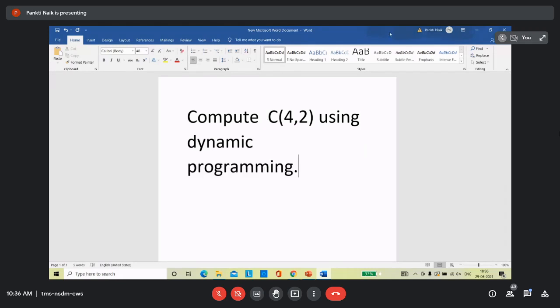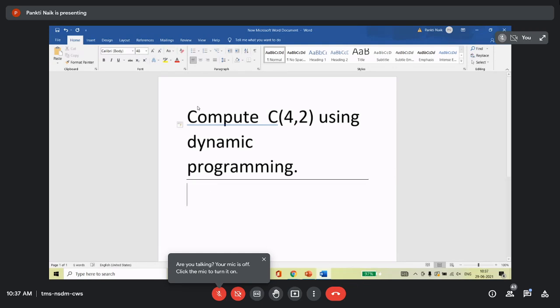So the question is compute C(4, 2) using dynamic programming. It means you have to find the binomial coefficient for 4 comma 2, where this is your question, right?